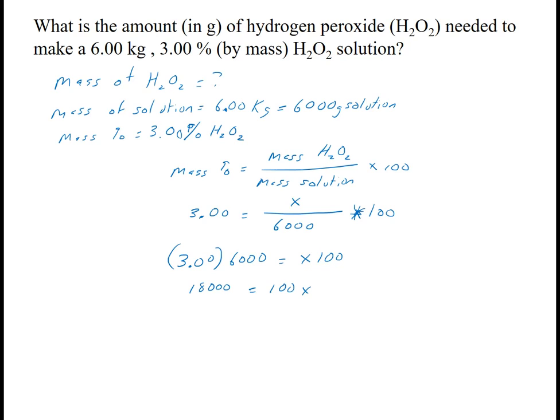Now this is 100 times x, so the opposite mathematical function of times is divide. So I'm going to divide each side by 100. So I get 18,000 divided by 100 is equal to x. And so x was 180 grams of H2O2. And that is the end of this video.